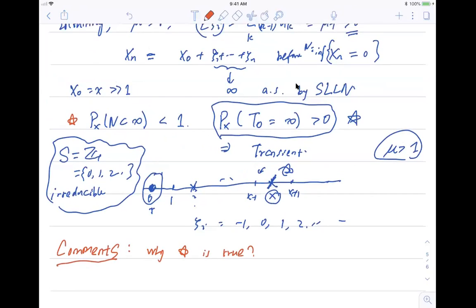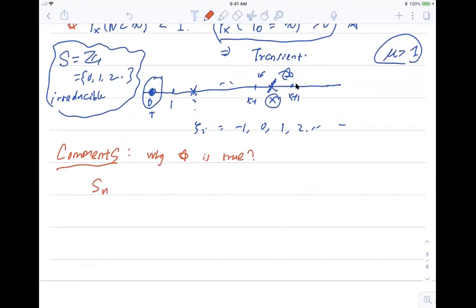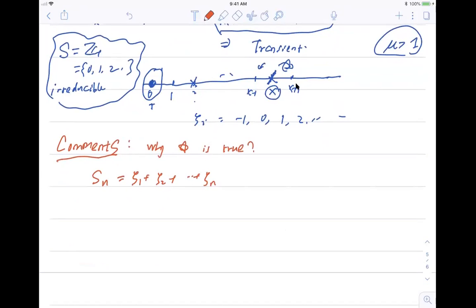Let's write Sn as the sum of those IID random variables. We know each psi I has positive mean, in the case where mu is bigger than 1. By the strong law of large numbers, Sn over n goes to E psi I, which is positive, almost surely.